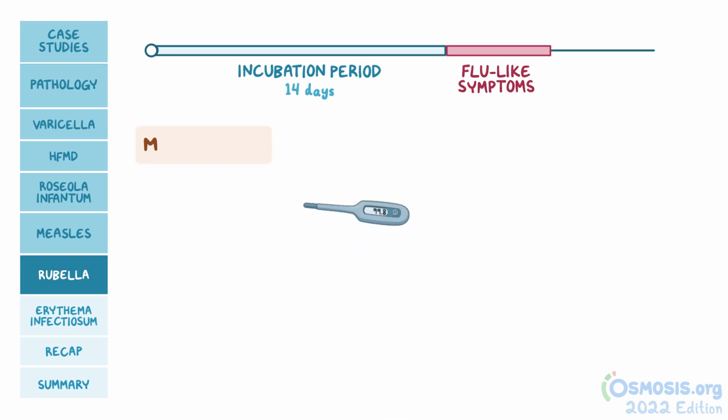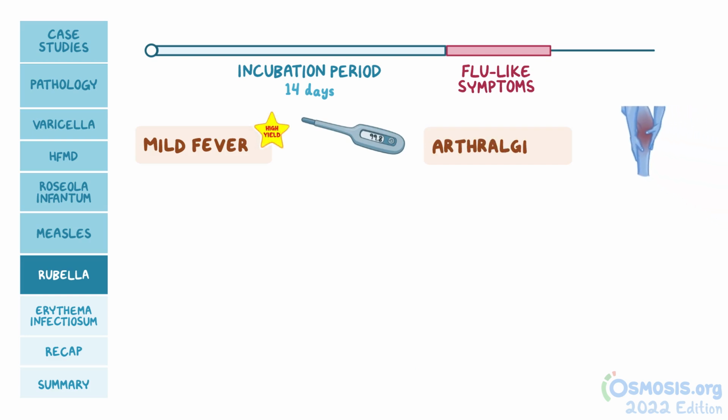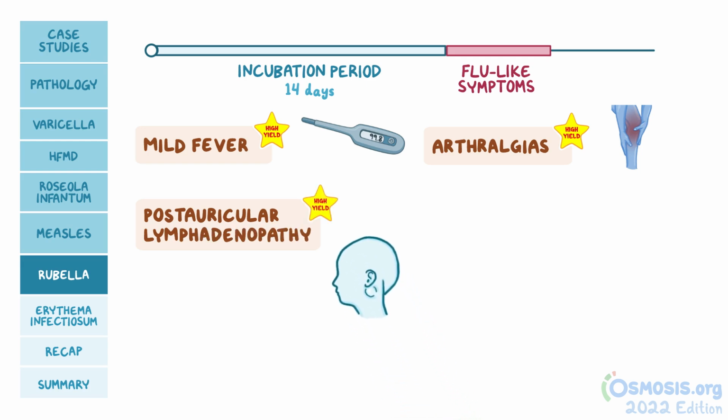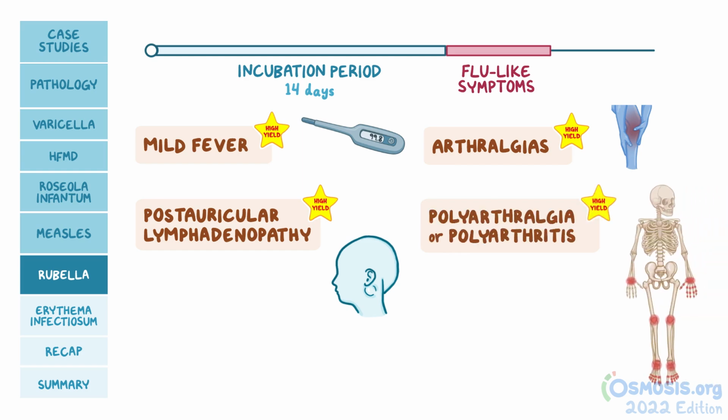These can include a mild fever and arthralgias, along with post-auricular lymphadenopathy, which is an enlargement of the lymph nodes behind the ears. In addition, some individuals may develop polyarthralgia or polyarthritis, meaning joint pain or arthritis that involve at least 5 joints.